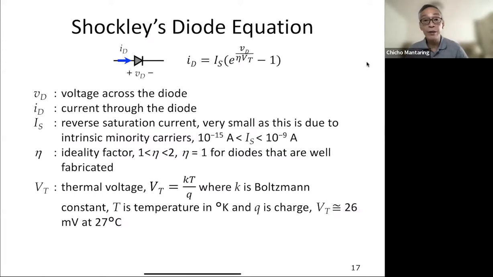So this is where I want to end the discussion of p-n junctions. Are there any questions? Maybe a lot. Maybe it's going to take you time to digest this. Any questions?